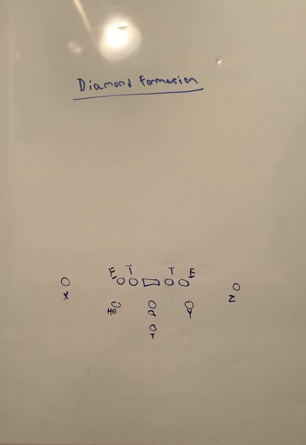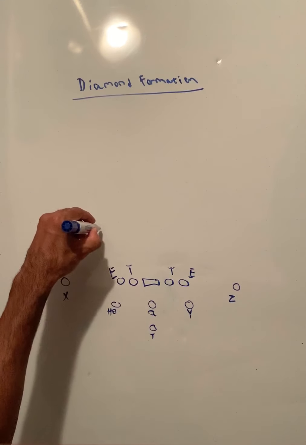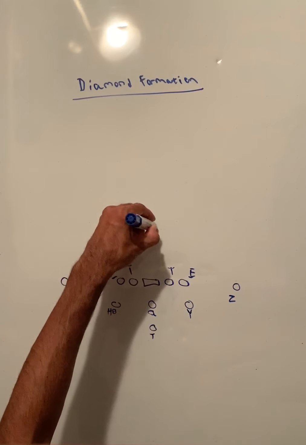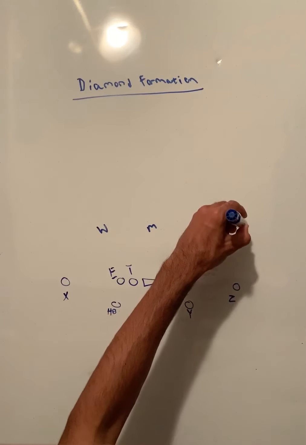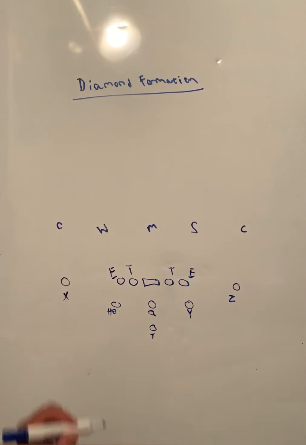The O lineman have a pretty simple responsibility. Everyone's going to be plugging the inside gap. So, you know what? Let me go ahead and draw up linebackers before I do this. We're going to have a Will, a Mike, and a Sam. And then we're going to have our corners right here.